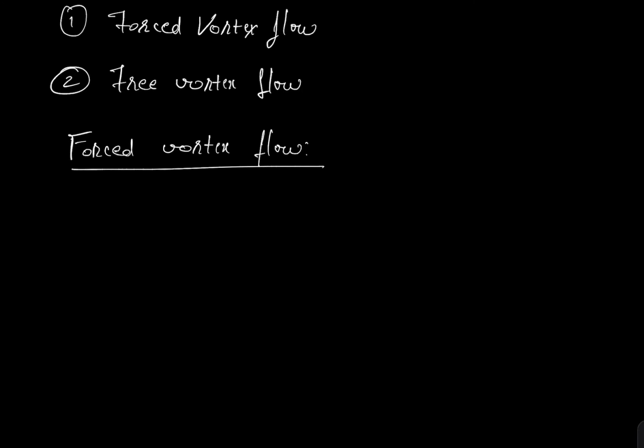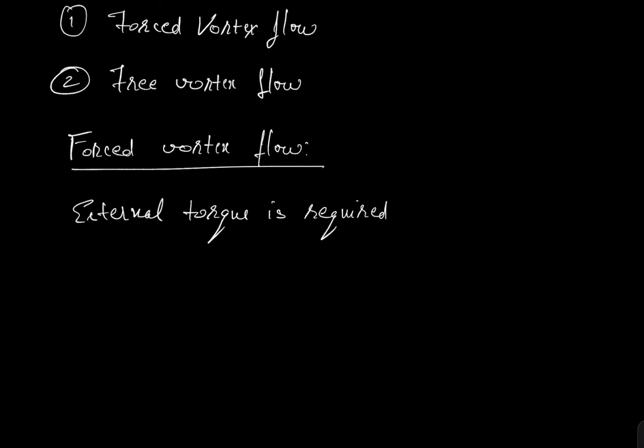Forced vortex is a flow where some external torque is required, right? In forced vortex flow, external torque is required for the flow to rotate the fluid mass. We need a certain external torque.